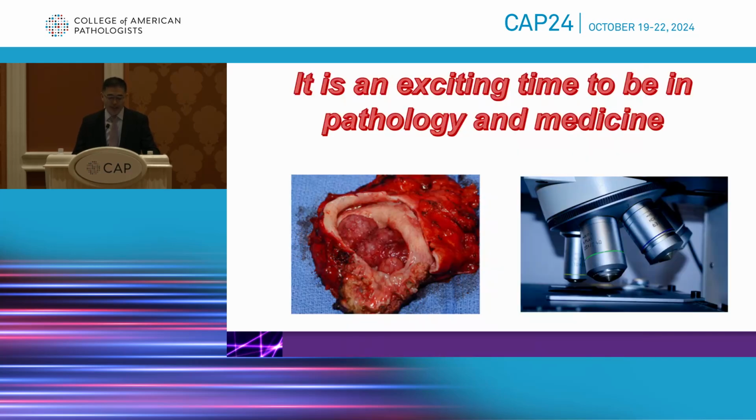So I believe it's an exciting time to be a pathologist and doing work in medicine, and I hope someday the Nobel Prize in physiology and medicine will go to someone related to AI or who develops anything very useful in medicine or even in pathology.